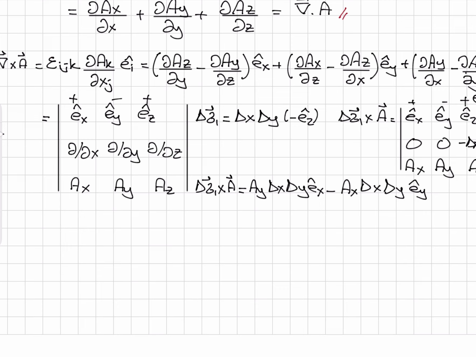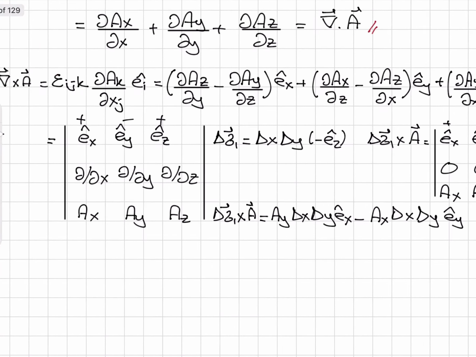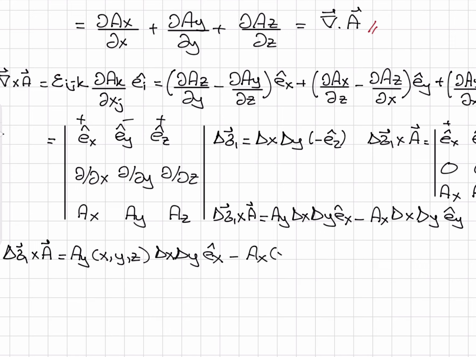Okay. So I have to recall that I'm on surface 1, so let me rewrite this here. Delta sigma 1 cross product with vector A is AY evaluated at XYZ on surface 1, delta X, delta Y, EX hat, minus AX, which is evaluated at XYZ, multiplied with delta X, delta Y, EY hat.